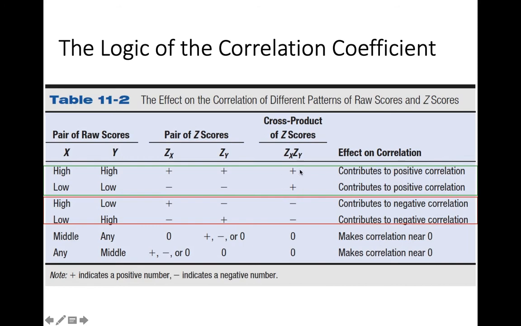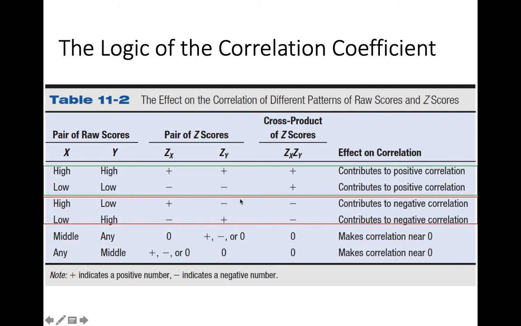We'll always get positive cross products, multiplying a positive by a positive and a negative by a negative. So getting, on balance, these positive cross products will contribute to a positive correlation. When the preponderance of scores in our data are such that we've got highs paired with highs and lows paired with lows, that will contribute to getting a positive correlation coefficient based on the formula.